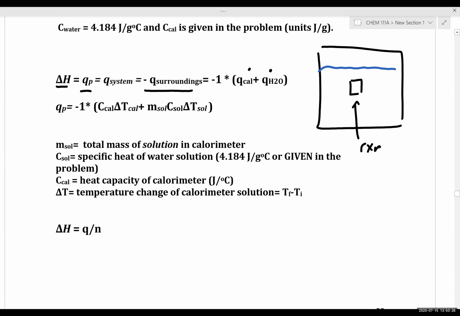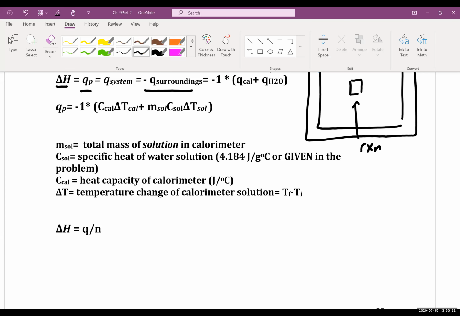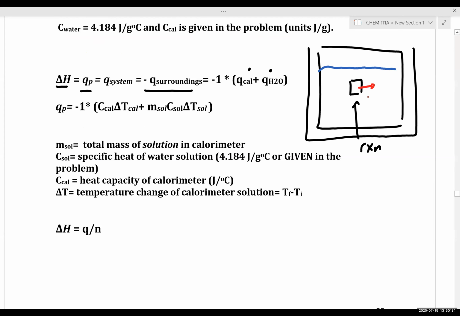As our reaction occurs, it will release heat into our solution, and it will release heat into our calorimeter. So we have to account for heat exchange with both components of this system.